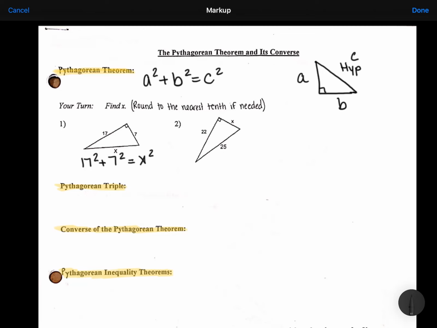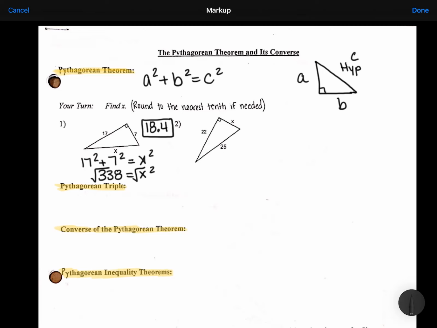In my handy-dandy calculator, I'm going to put in 17 squared plus 7 squared, and I get 338. Now I'm not done because I don't have x by itself. To undo a square, you take the square root because they're opposite operations. So the square root of 338 is 18.4. My instructions tell me I can round to the nearest tenth if needed, so I don't have to worry about simplifying that radical.